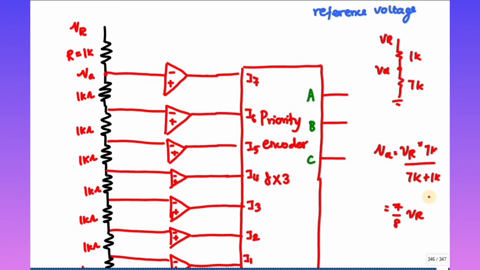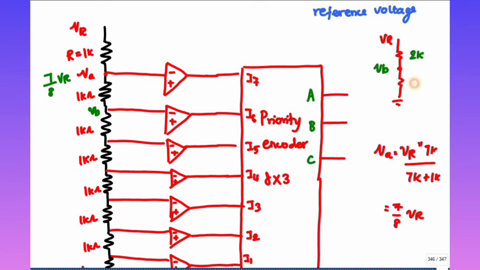Similarly, for this one it becomes 2k and this becomes 6k.